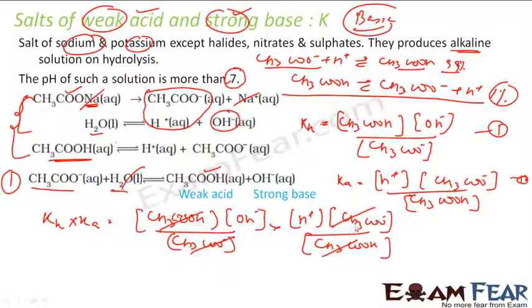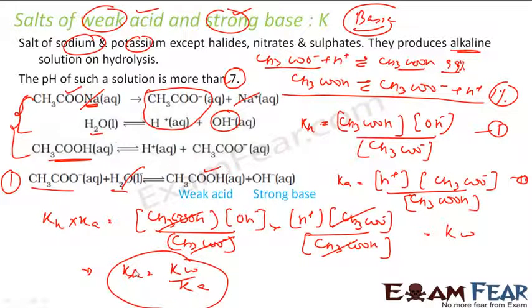What I'm left with is H plus ion into OH minus ion. That is Kw. So the relation is pretty simple: KH is nothing but Kw by Ka. And this is only for salts of a weak acid and a strong base. So if I want to find the K hydrolysis of such a salt, it is Kw by Ka, where a is my acid part and Kw is the water Kw.